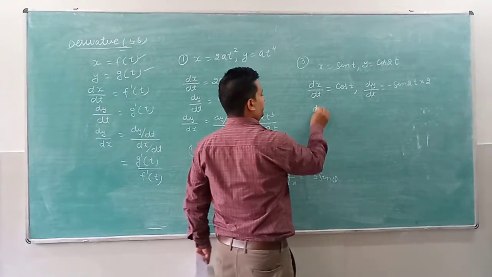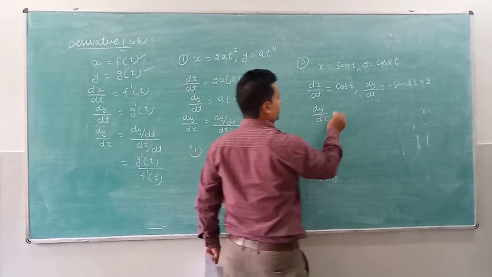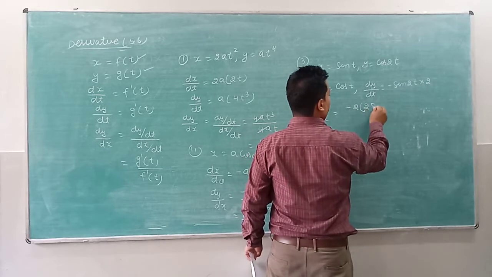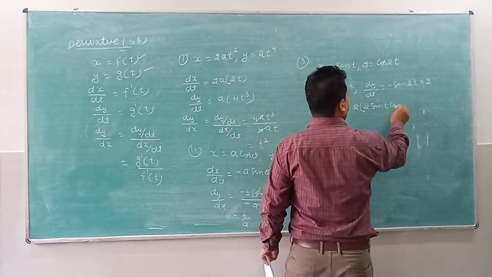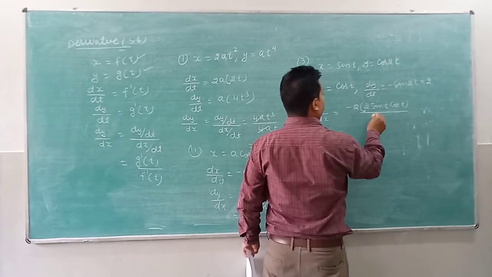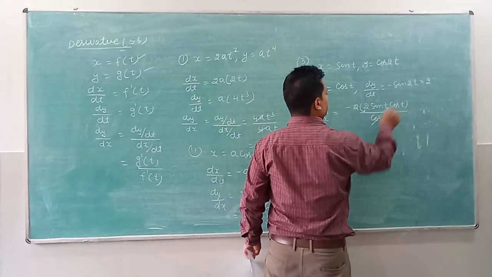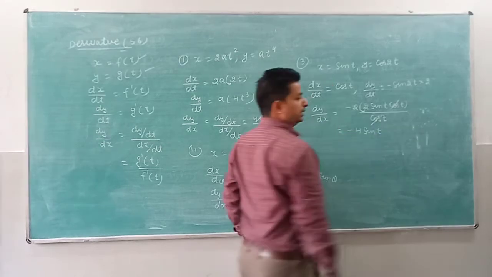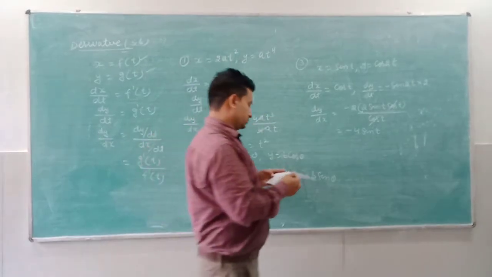When we find dy upon dx, divide dy upon dt by dx upon dt. The formula of sin 2t is 2 sin t cos t, divided by cos t. These are cancelled out, so minus 4 sin t is the answer of this question.